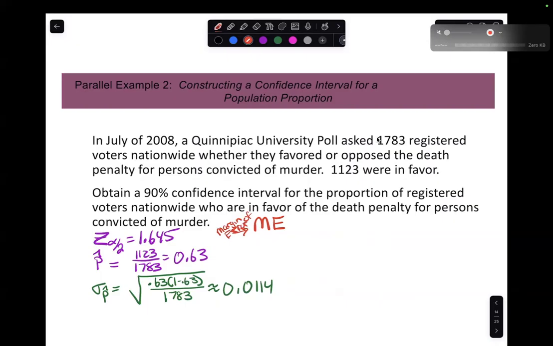Okay. So I'm going to take the critical value times the standard deviation right here. So it's about that. This right here is the margin of error.